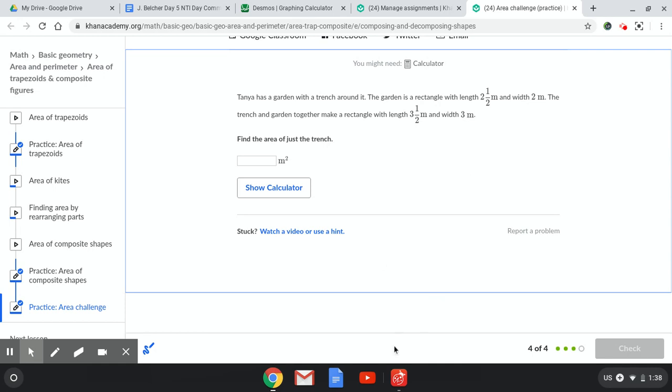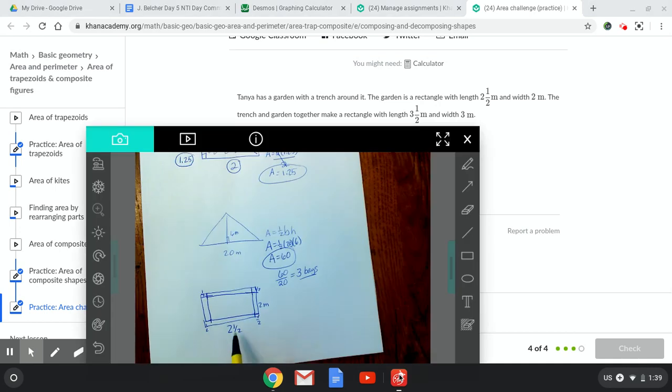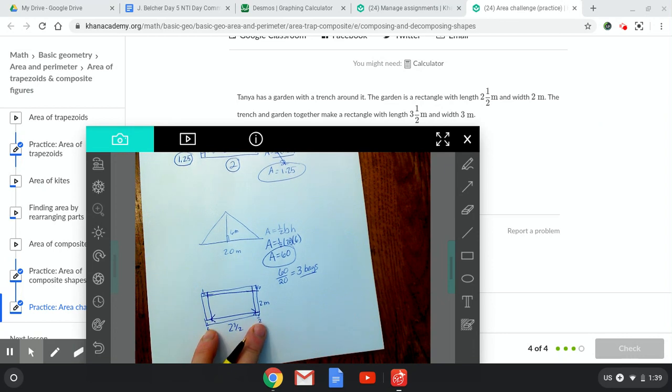Okay, so let's see what I've got wrong. Okay, so I was thinking she's got 2.5 by 2. They want this to be 3.5, so I'm going to put a half on each corner. So this goes 2.5. So it's a half. That would be 2.5, and then one more half on each side would give me 3.5.